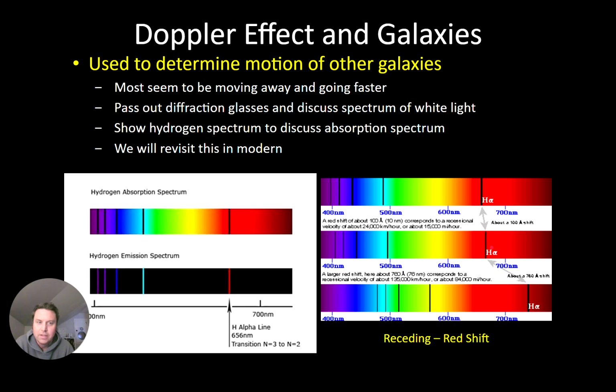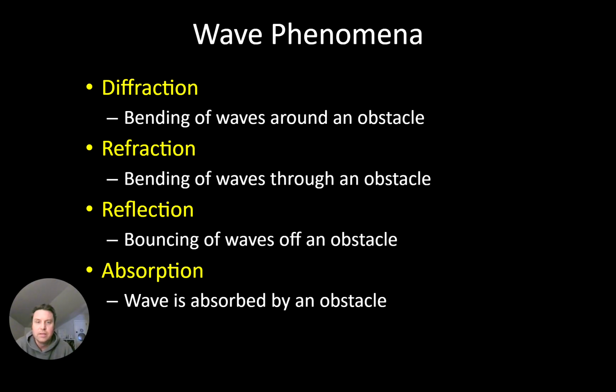There should be one there, but the hydrogen is absorbing it, so we don't see it, at least in the absorption spectrum. But it's shifted, and the greater the shift, the faster it's going away from us, and we can calculate that. So that's all waves in general, specific to light.